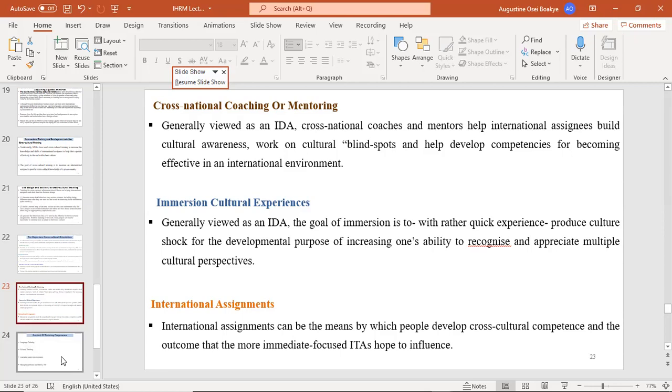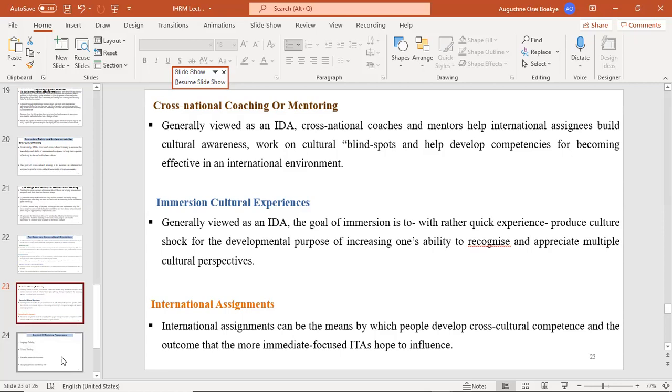Then immersion cultural experience. Generally viewed as an IDE, the goal of immersion is to, with a rather quick experience, produce culture shock for the developmental purpose of increasing one's ability to recognize and appreciate multiple cultural perspectives.